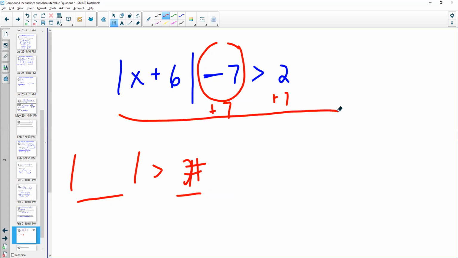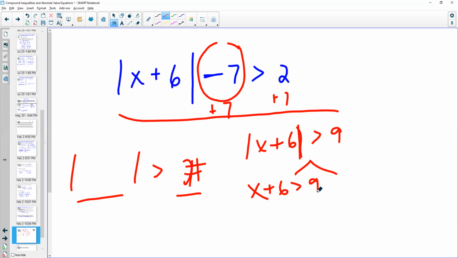So before I do my two cases here, I'm going to add 7 to both sides. Okay, then I can split it, but I cannot split it sooner. Okay, it has to be at this point. Then you can keep solving. But keep in mind, you're going to see this in Alex, so just pay attention to it.